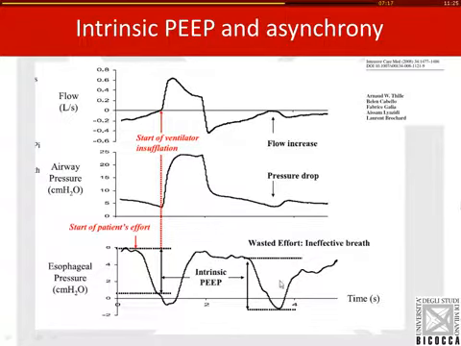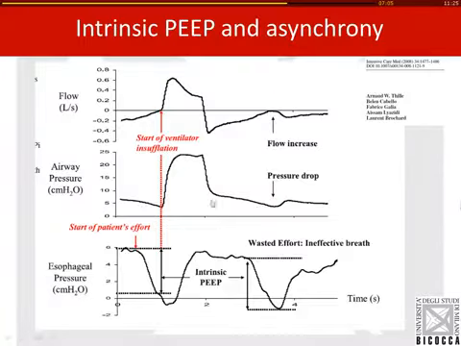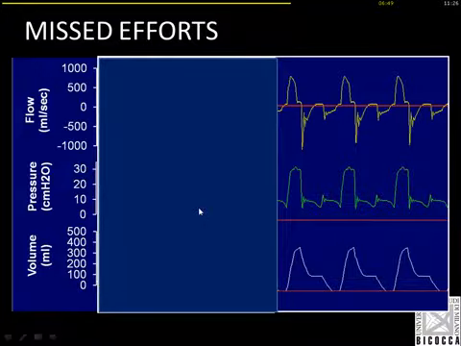So the patient tries to trigger the ventilator, but this effort is wasted. Once again, I said esophageal pressure is a very nice tool, but sometimes, even by looking at waveforms, we would realize that there are these bumps in the flow every other breath, almost. So looking at waveforms is really important.